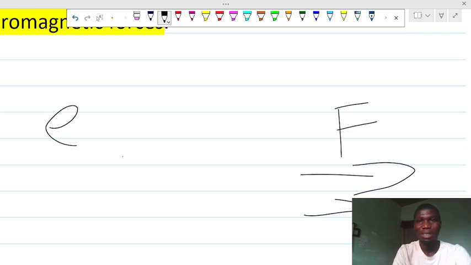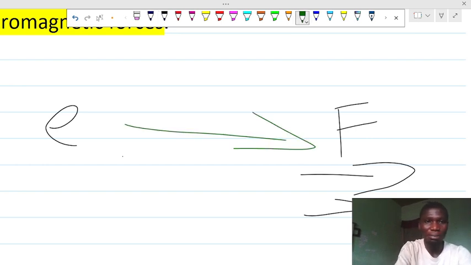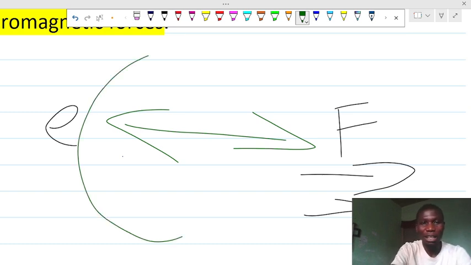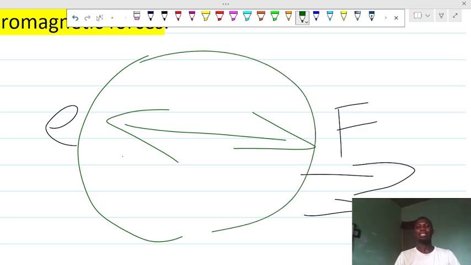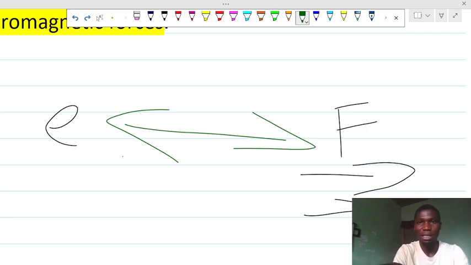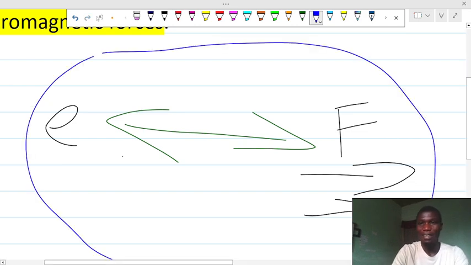How these two interact with each other, describing this interaction, is what we mean by electromagnetic field theory. The interaction between this one and this other, that's just it.